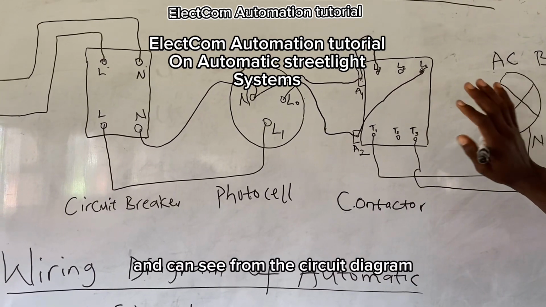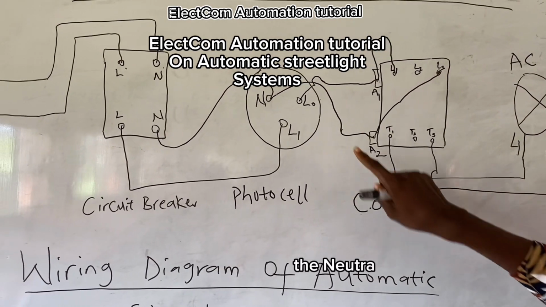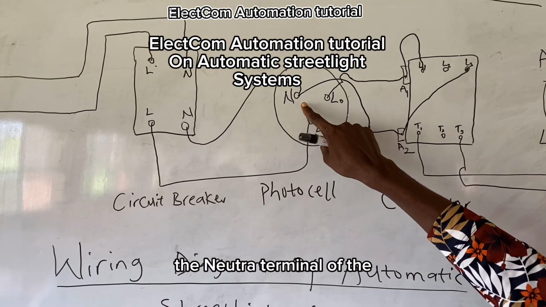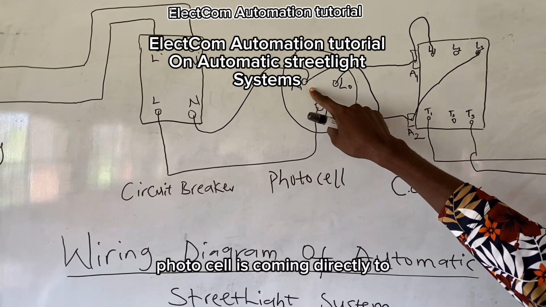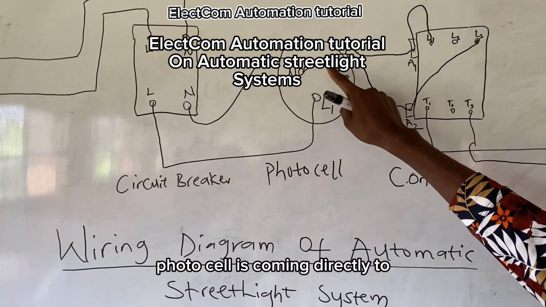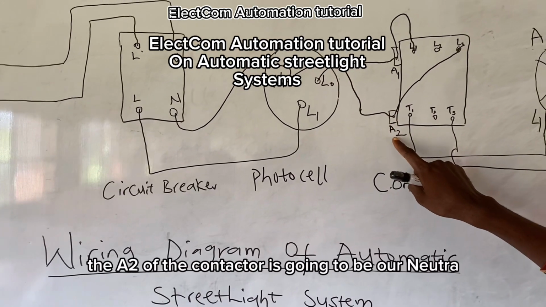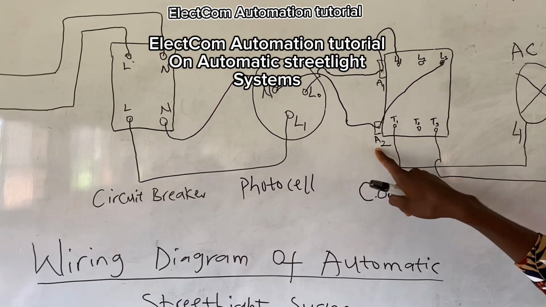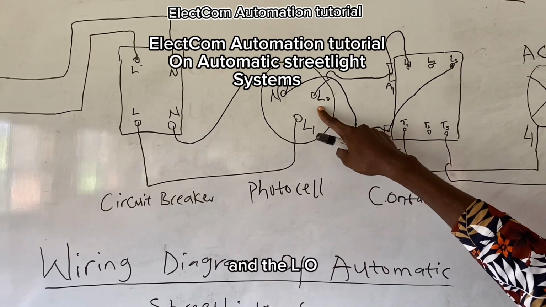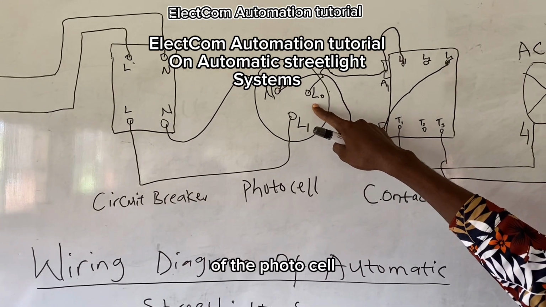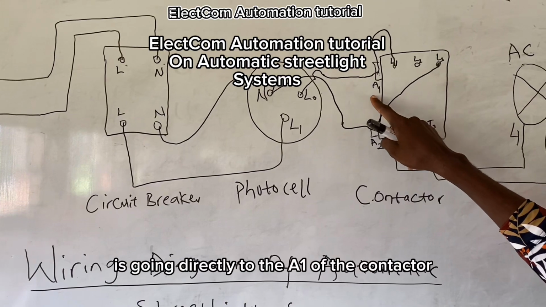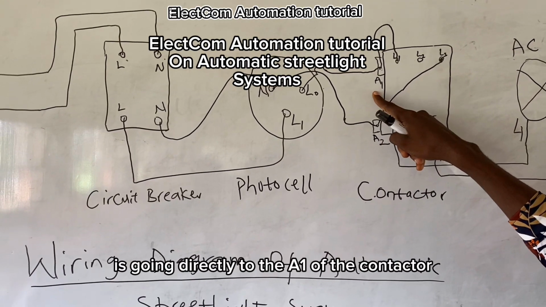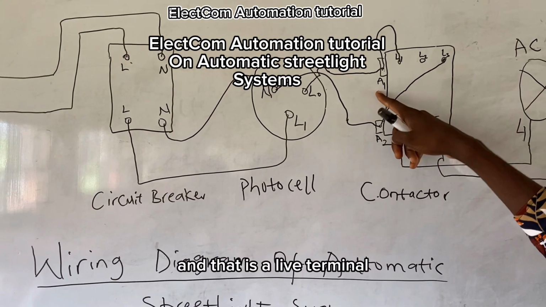You can see from the circuit diagram, the neutral terminal of the photo cell is coming directly to the A2 of the contactor. This is going to be our neutral. And the LO of the photo cell is going directly to the A1 of the contactor, and that is our live terminal.